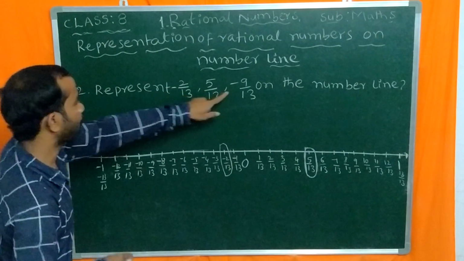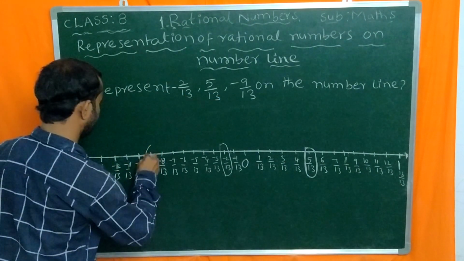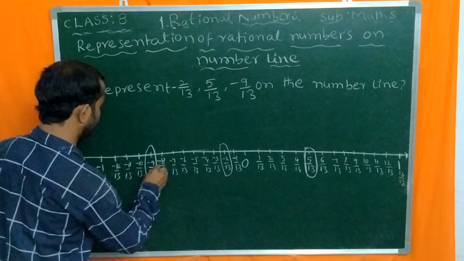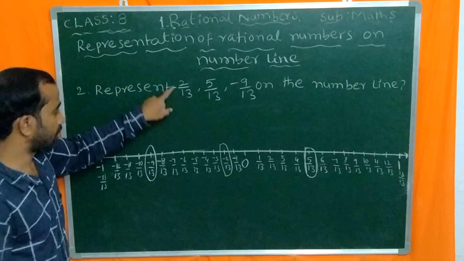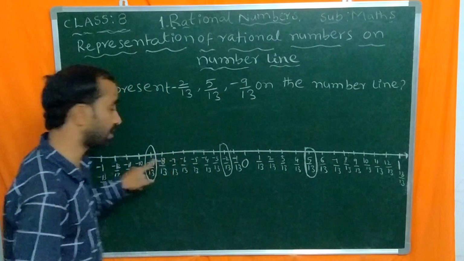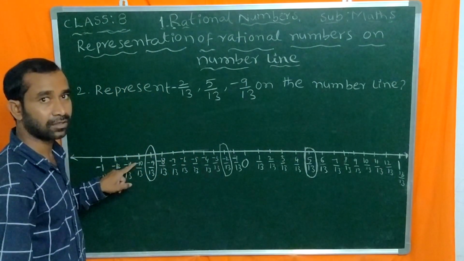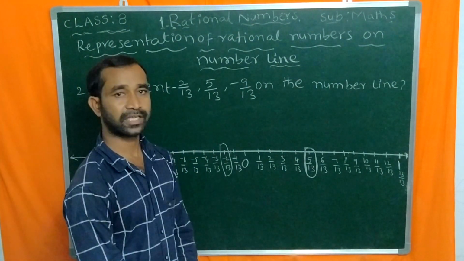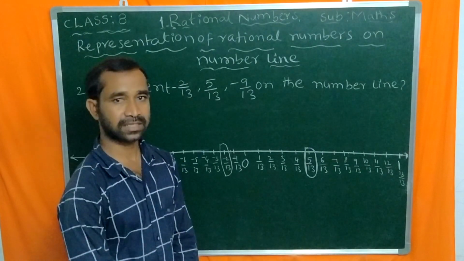So here minus 9 by 13, minus 2 by 13, here 5 by 13 and minus 9 by 13. Okay, thank you children. End of this class.